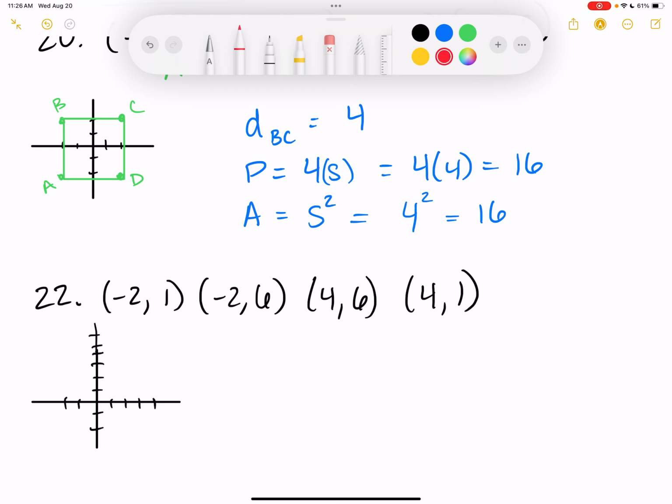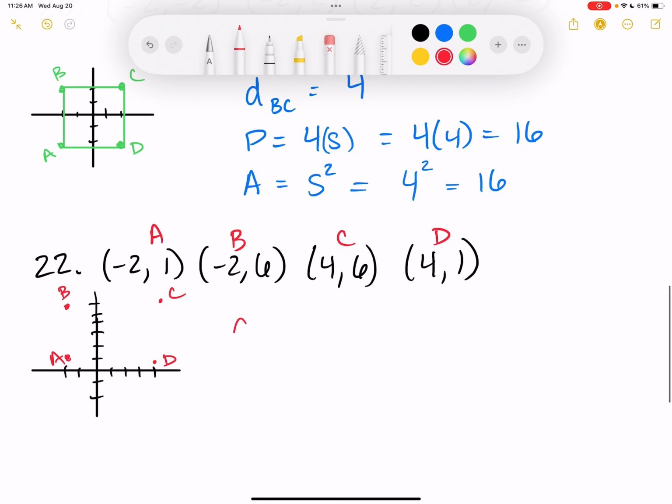So I've got (-2, 1), (-2, 6), (4, 6), and (4, 1). Labeling them again. Because this one again is still horizontal and vertical, I could count and figure it out, but I am going to do the distance formula just to make sure we got it down.